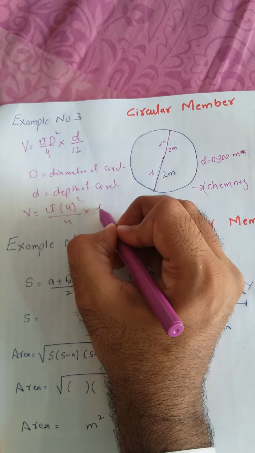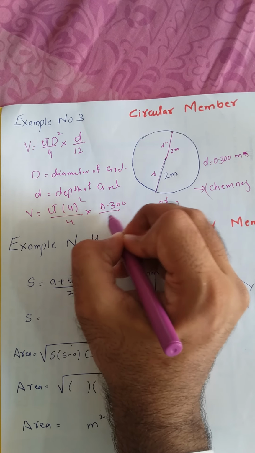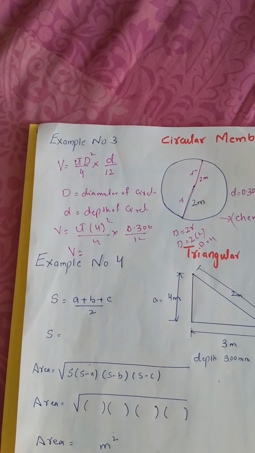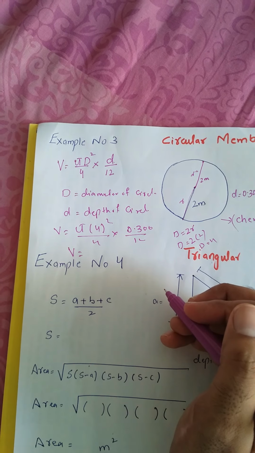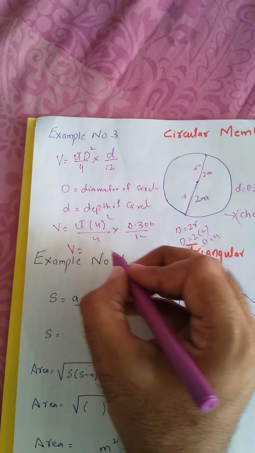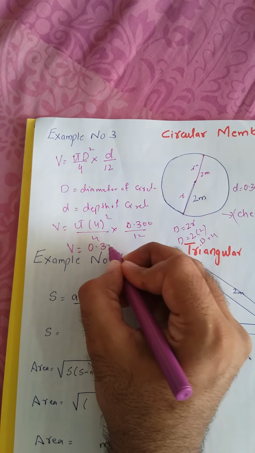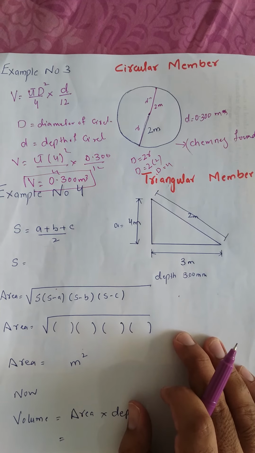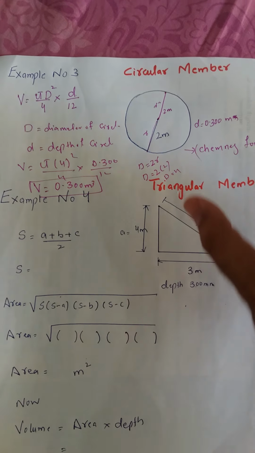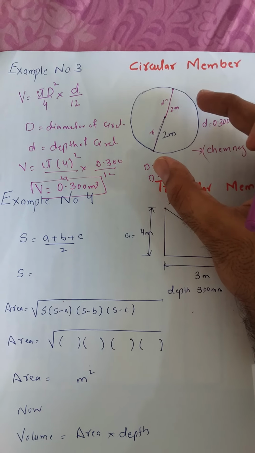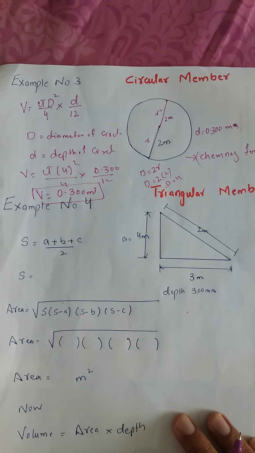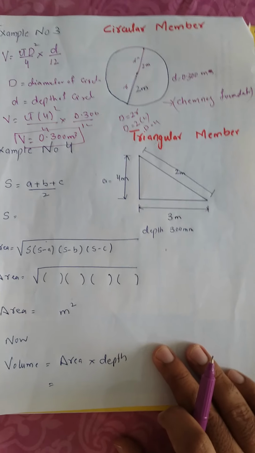So we put the values, and after calculation we get 0.300 cubic meter. So it means we need 0.3 cubic meter of concrete for a circular member whose diameter is 4 meter and whose depth is 0.300 meter.